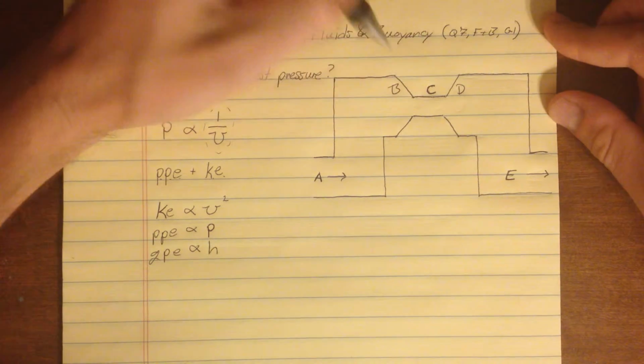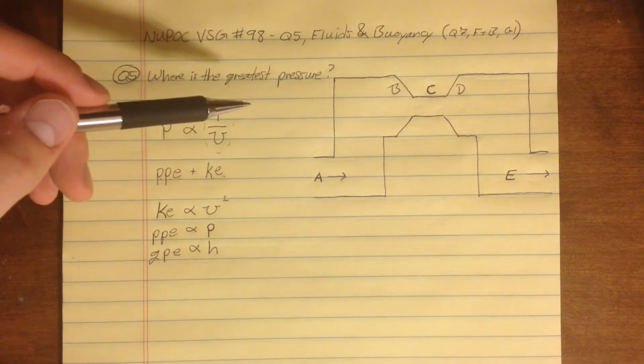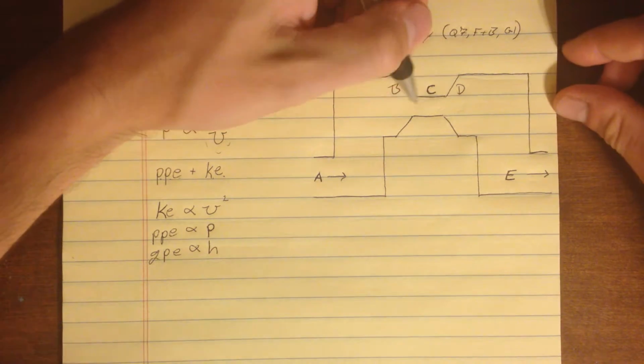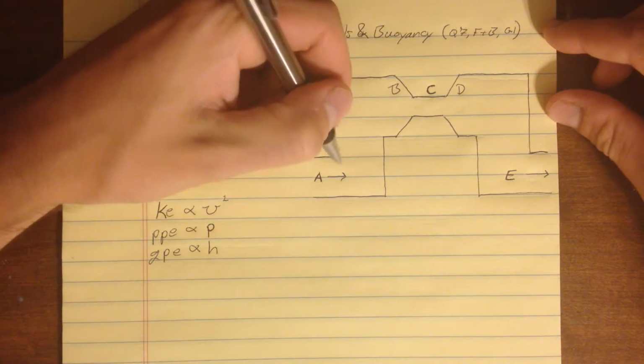And as we go into point C, now we're going to change the relationship between the kinetic energy and the pressure potential energy. So the velocity is going to go up and the pressure is going to go down.